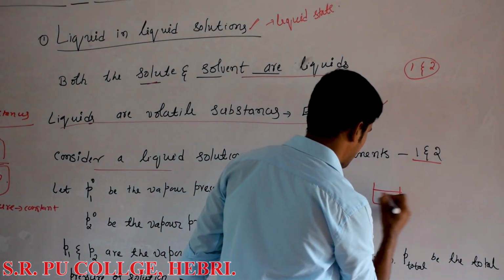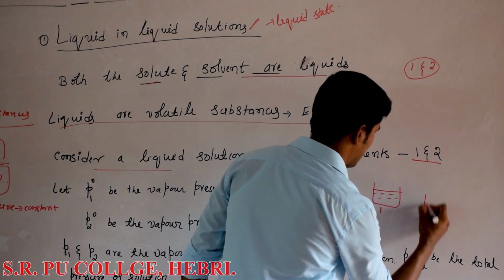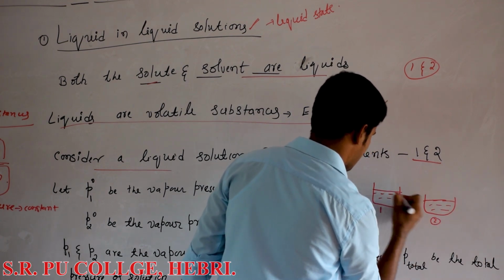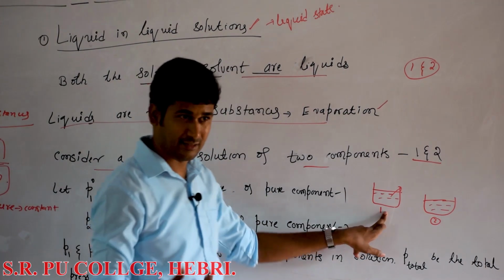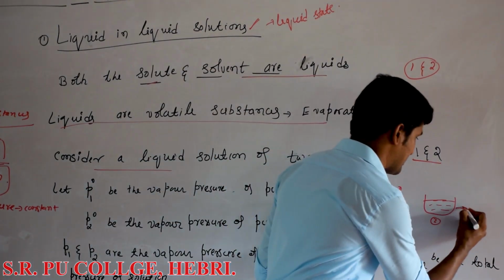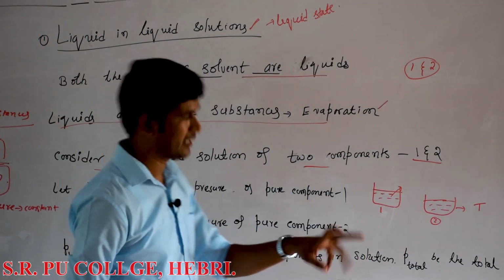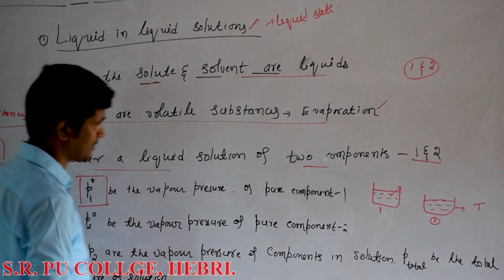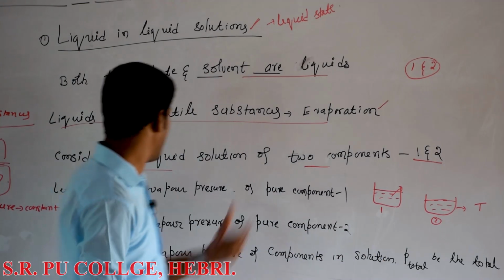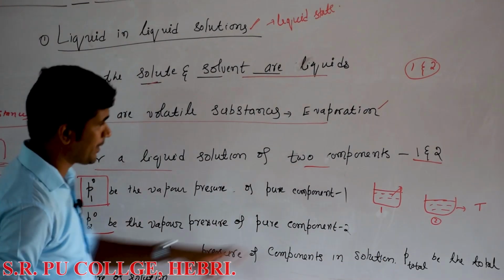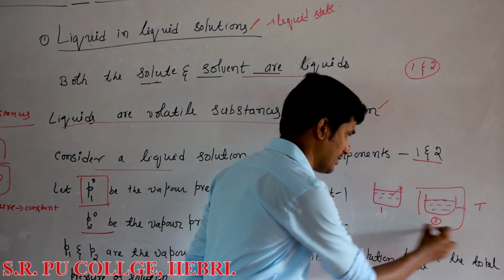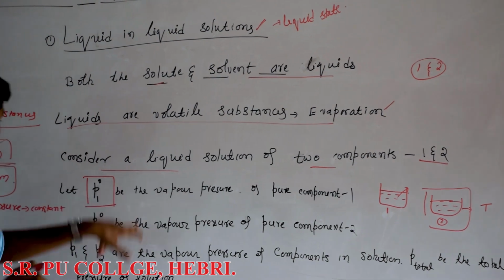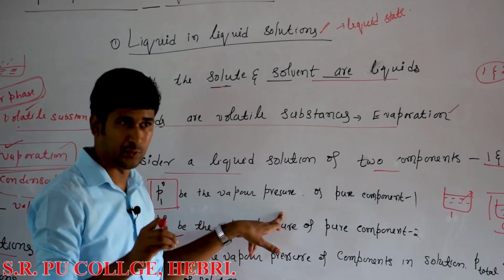If you take liquid 1 in one container and liquid 2 in another container, both liquids exert a certain vapor pressure at a given temperature T. Take P1 naught as the vapor pressure of pure component 1, and P2 naught as the vapor pressure of pure component 2 before mixing.